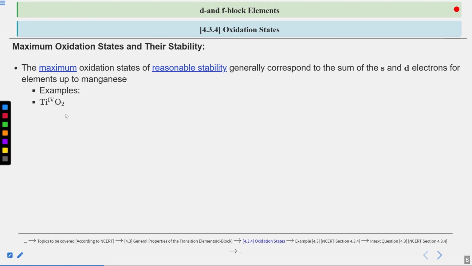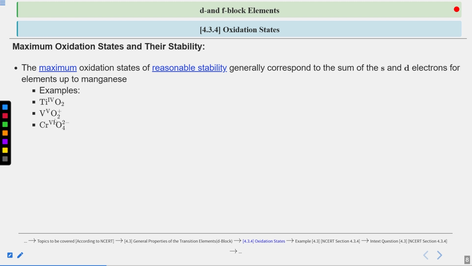Another example is vanadium in VO2+, where vanadium is in the +5 oxidation state. It is stable because, according to its configuration argon 3d3 4s2, it loses 2 electrons from the s orbital and 3 from the d orbital, attaining noble gas configuration after losing 5 electrons.